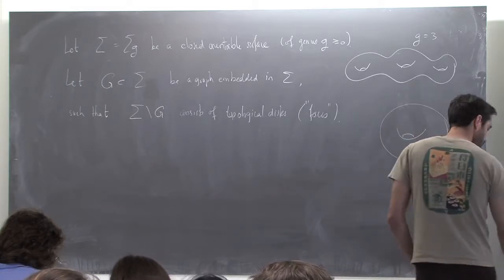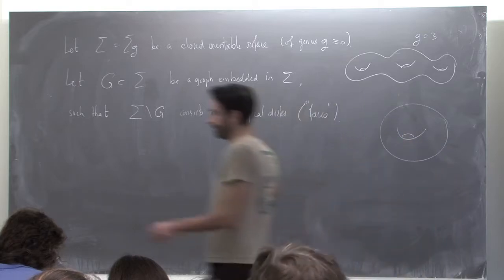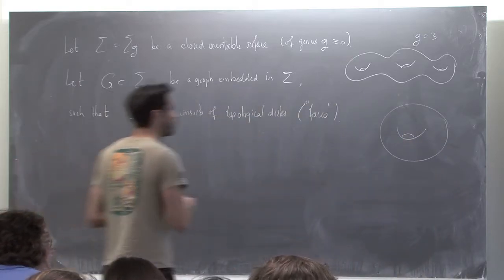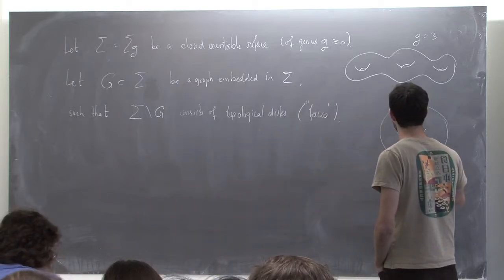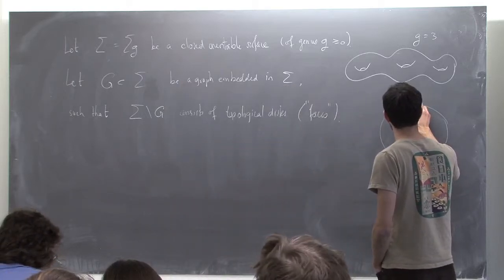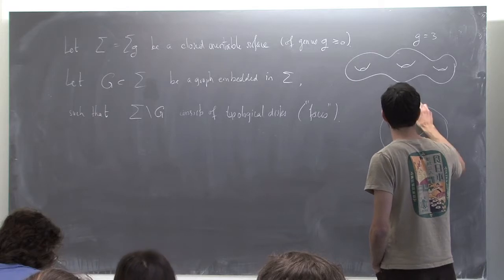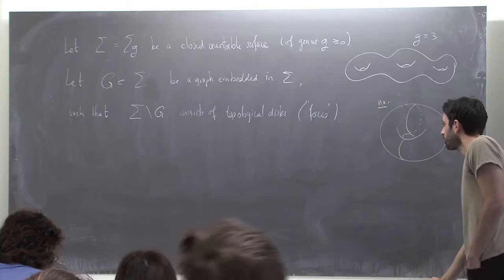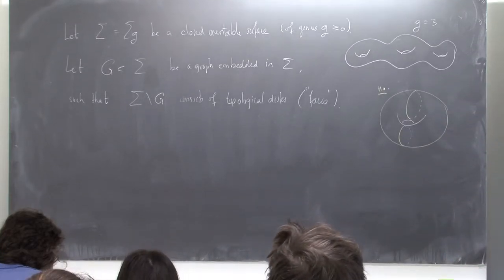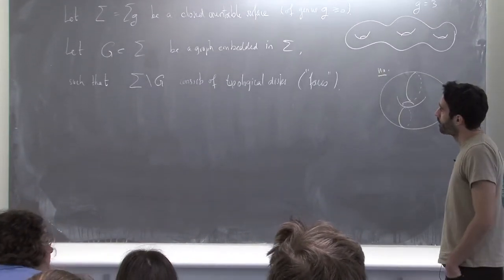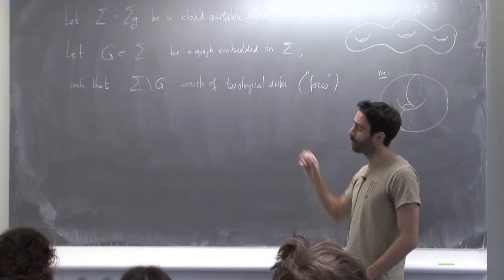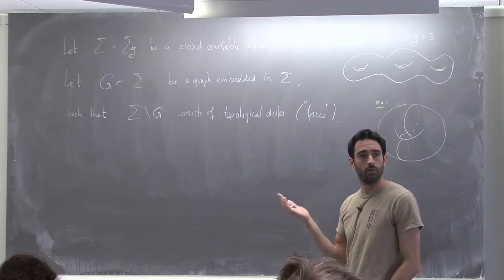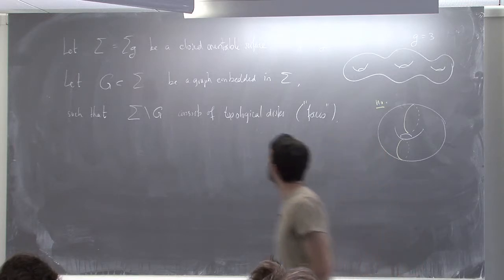You don't want something like that, for example. So this will actually mean that you encode the topology of the surface in a sufficiently good way with your graph. Okay.